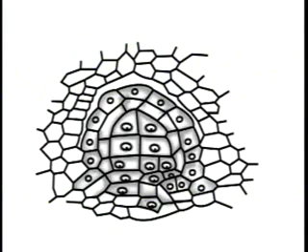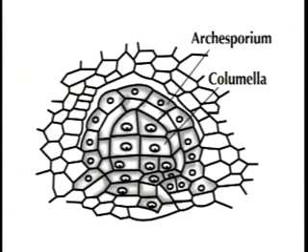The single-layered archisporium is parallel to the elongated axis of the capsule and is dome-shaped. It overarches the rounded apex of the columella and extends nearly to its base. In some species, the archisporium remains single-layered throughout, for example, in Anthoceros erectus, and functions as the primary sporogenous layer.